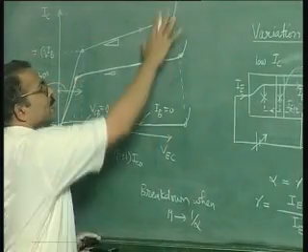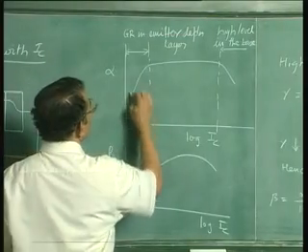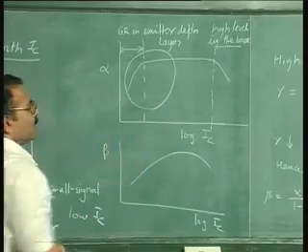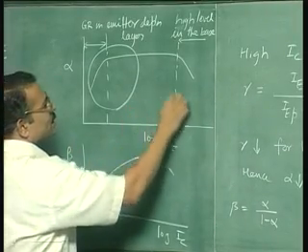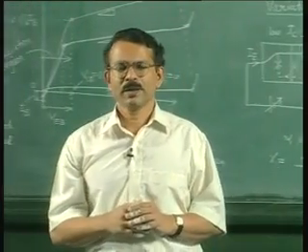So this means that this region here corresponds to this region here. This is the region that we are talking about. We have really not shown the IC VC characteristics for this region, that is a very high IC region.